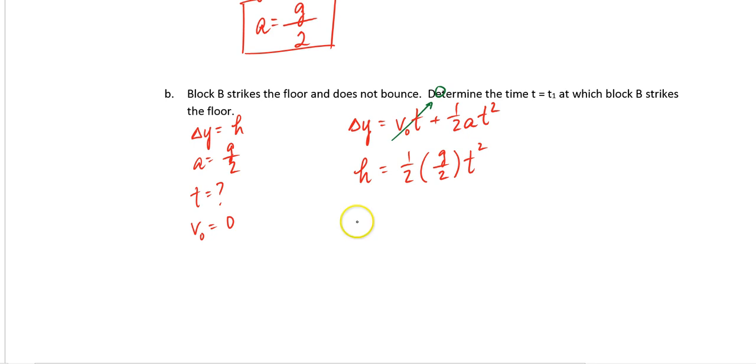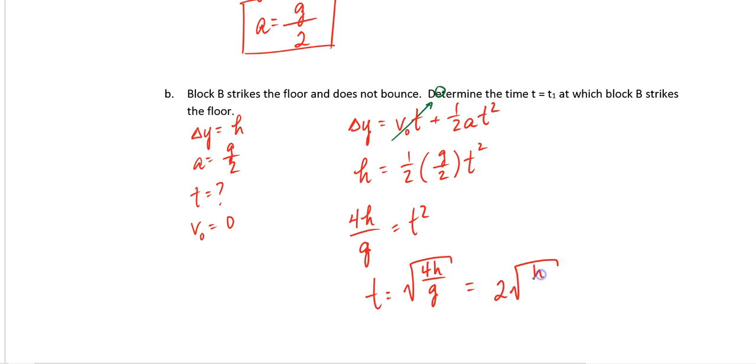So if you rearrange this, I think you should get 4h over g equals t squared. So t would be the square root of all that mess. Square root of 4h over g, which the square root of 4 would be 2. So you could simplify this to 2 times the square root of h over g. There you go.